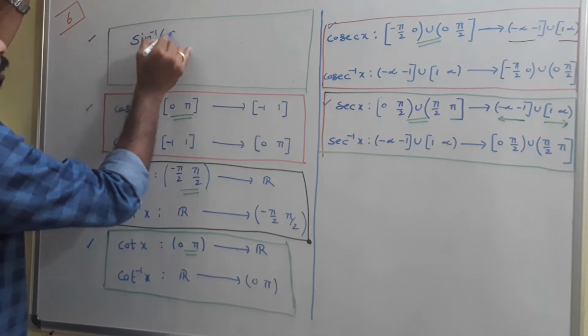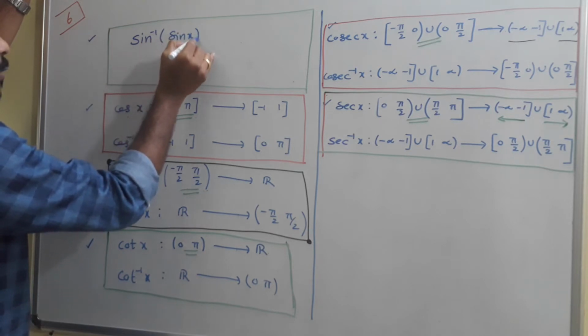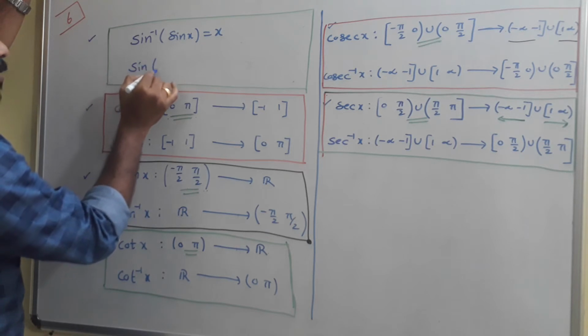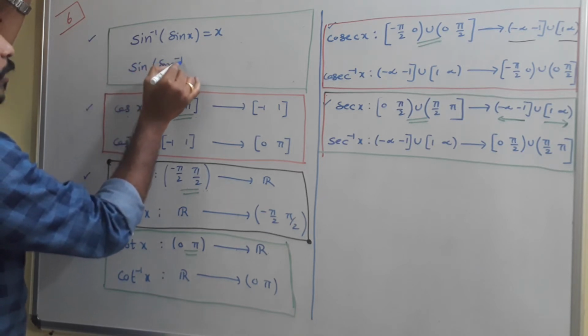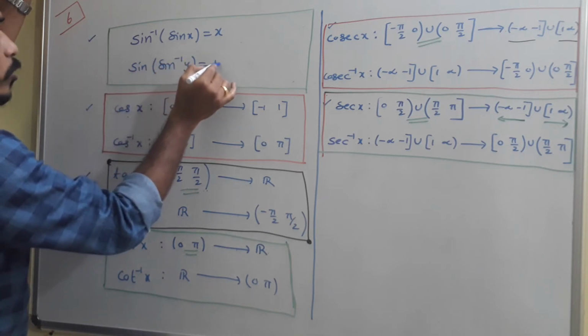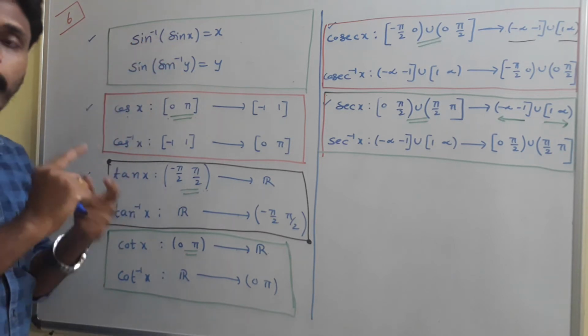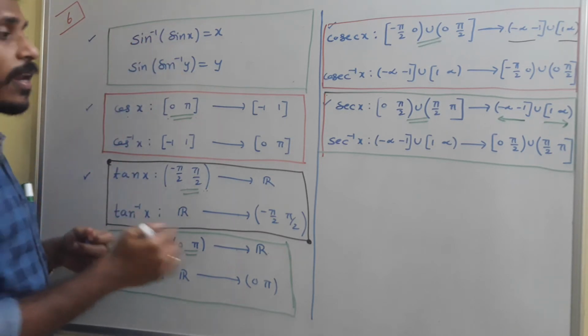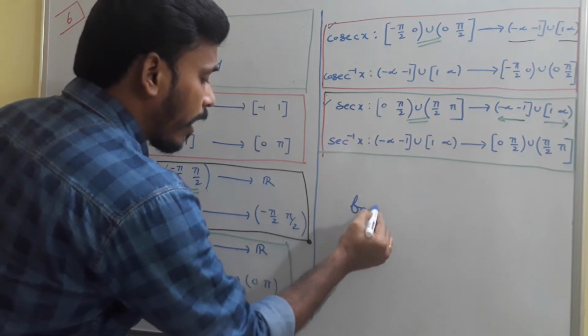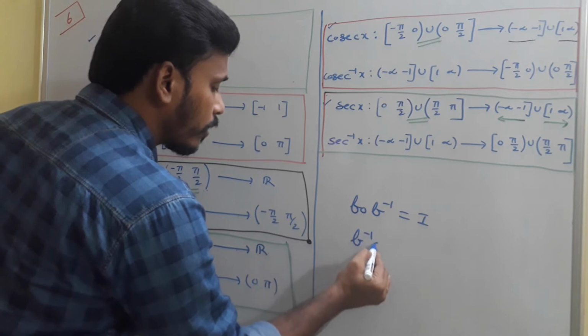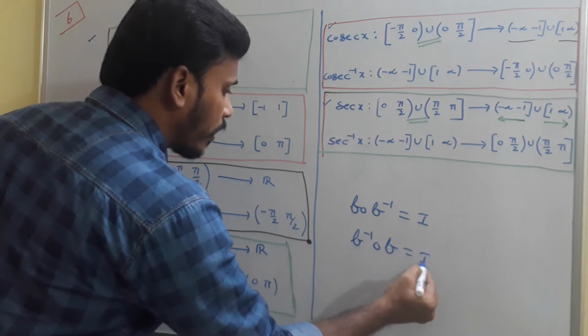Sin inverse of sin x is equal to x, as well as sin of sin inverse y is equal to y. So sin inverse and sin are inverses of one another, just like f circle f inverse is the identity, as well as f inverse circle f is also the identity.